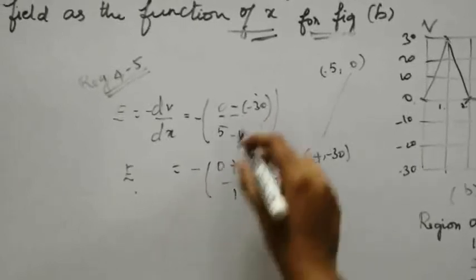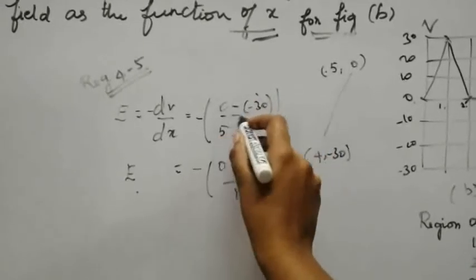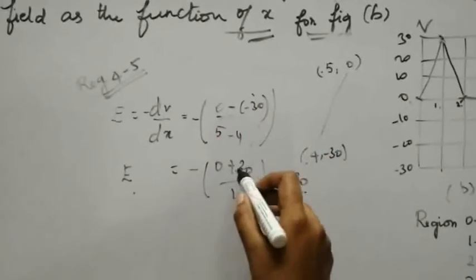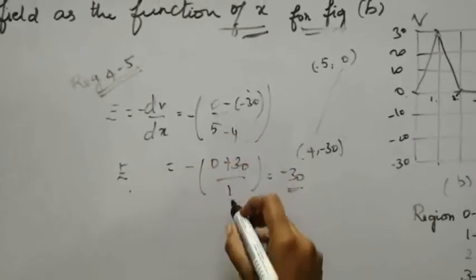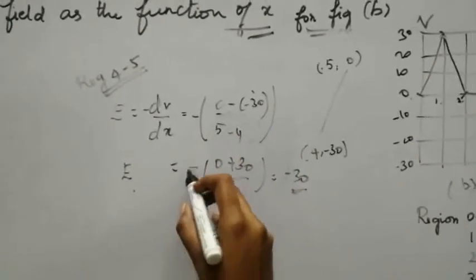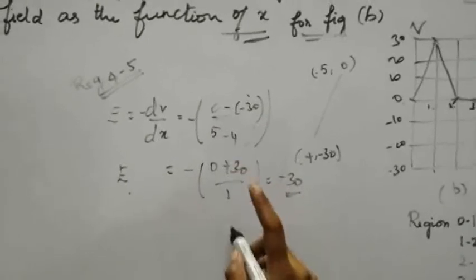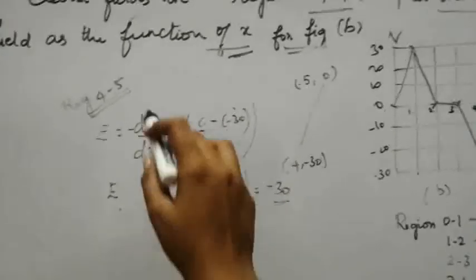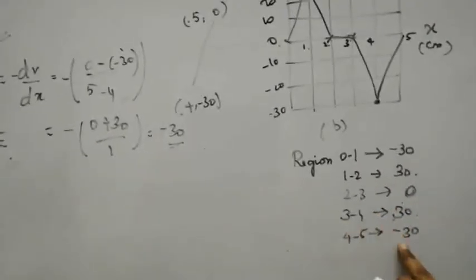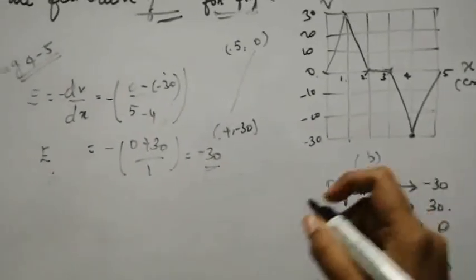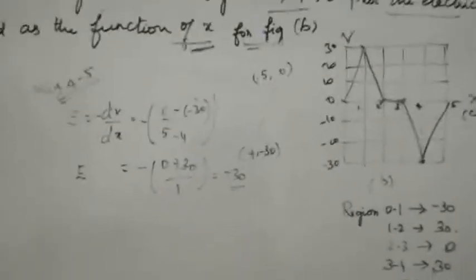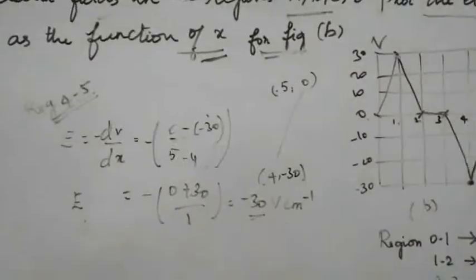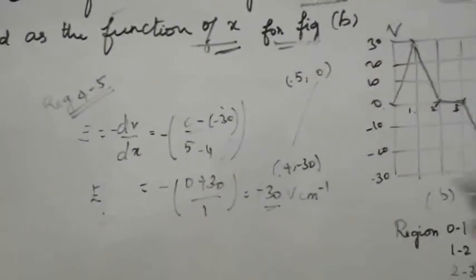Minus into minus becomes plus, so it is 0 plus 30 divided by 5 minus 4, which is 1. So you have one more minus here. So 30 by 1 is simply 30 with a minus, so it is minus 30. The E value for the region 4 to 5 is minus 30, again volt per centimeter.